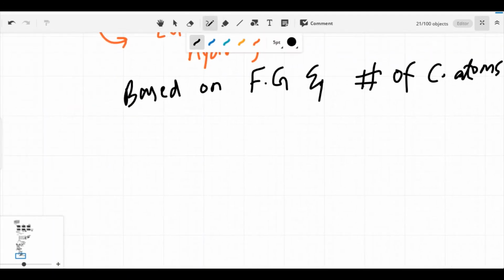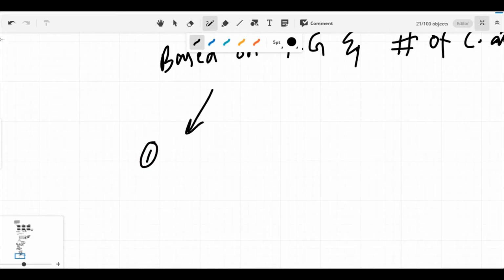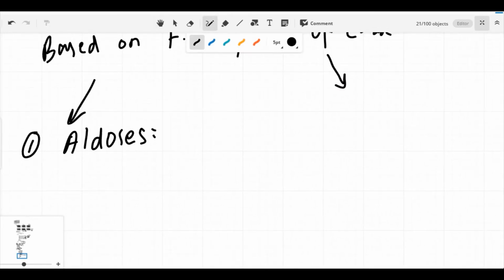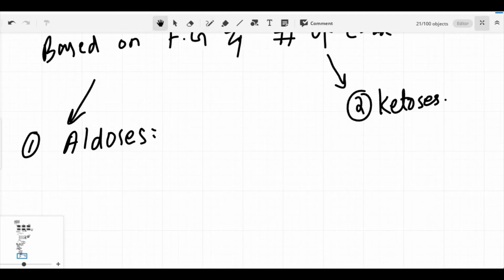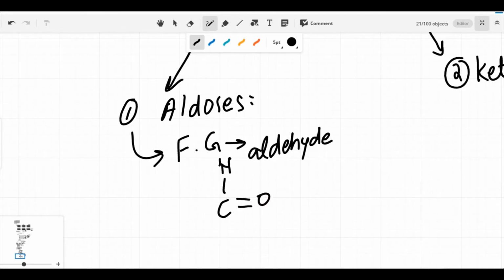For example, the first one I am going to show you is aldoses, and we can categorize another group, that is ketoses. In the case of aldoses, the functional group in the monosaccharides is an aldehyde, which is C with any R group.